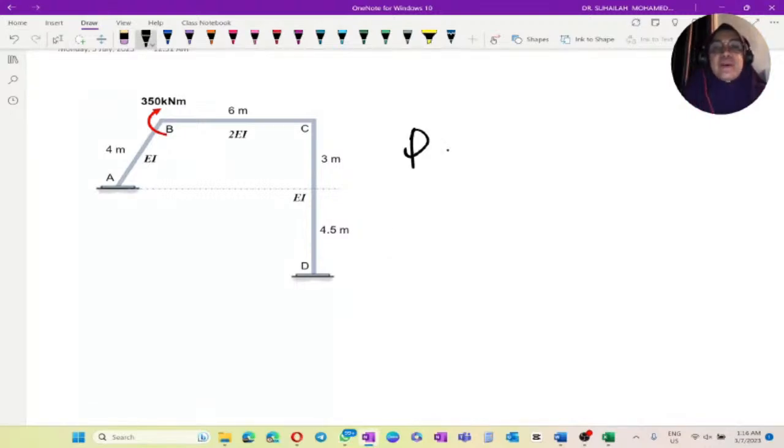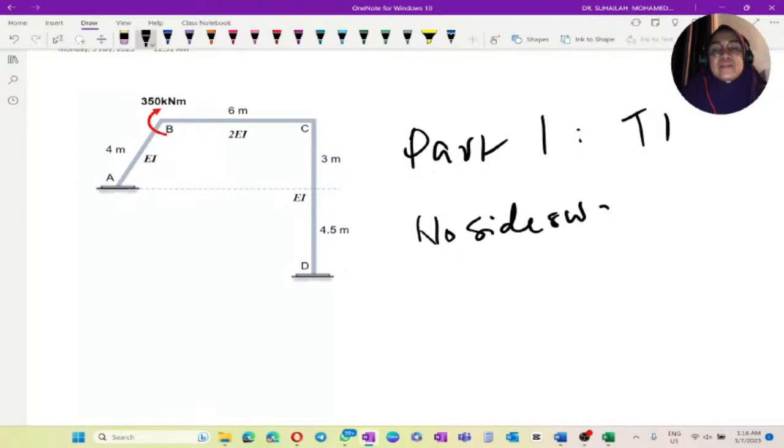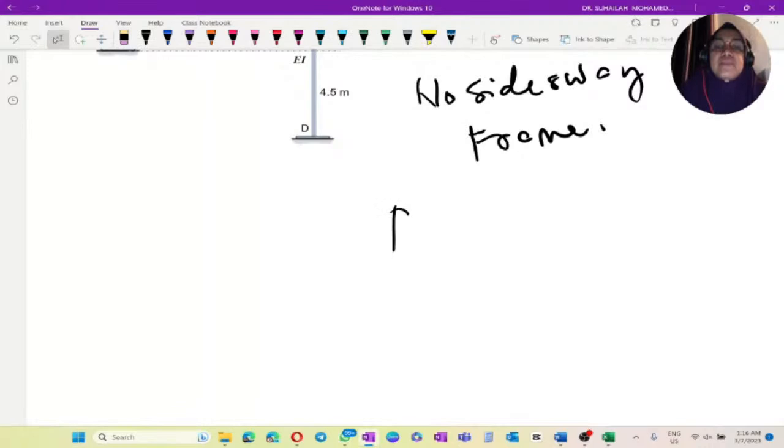Okay, the first part is for table one, and this is for the no sidesway frame. And of course we have another part, part number two, which is for table number two.